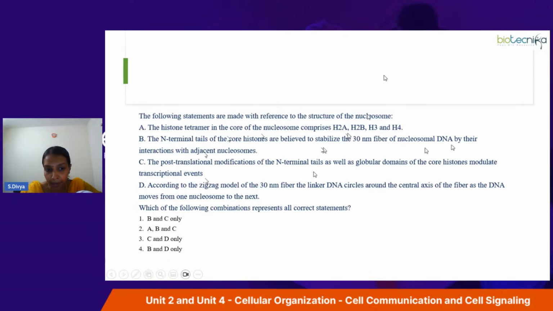According to the zigzag model, 30 nanometer fiber, the linker DNA circles around the central axis as the DNA moves from one nucleosome to the next. You have to identify the correct statements among these. You can expect this in the form of chromatin or in the form of nucleosomes.